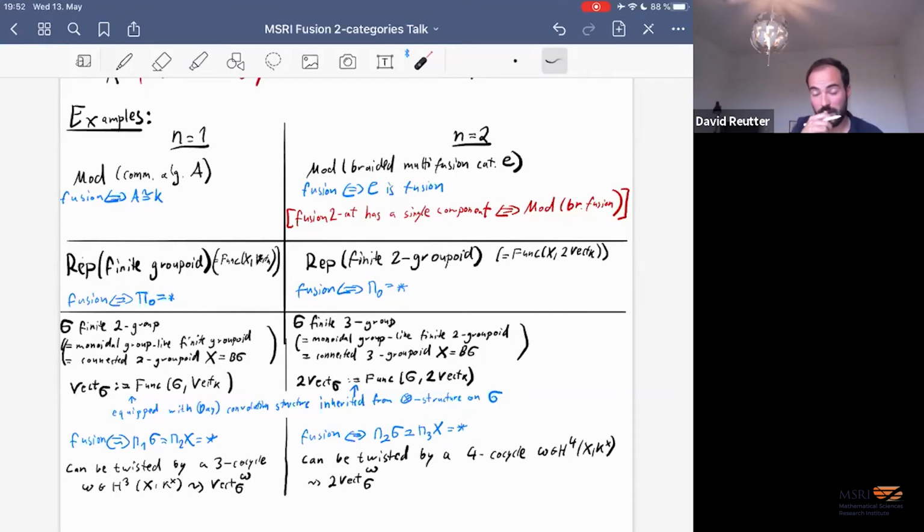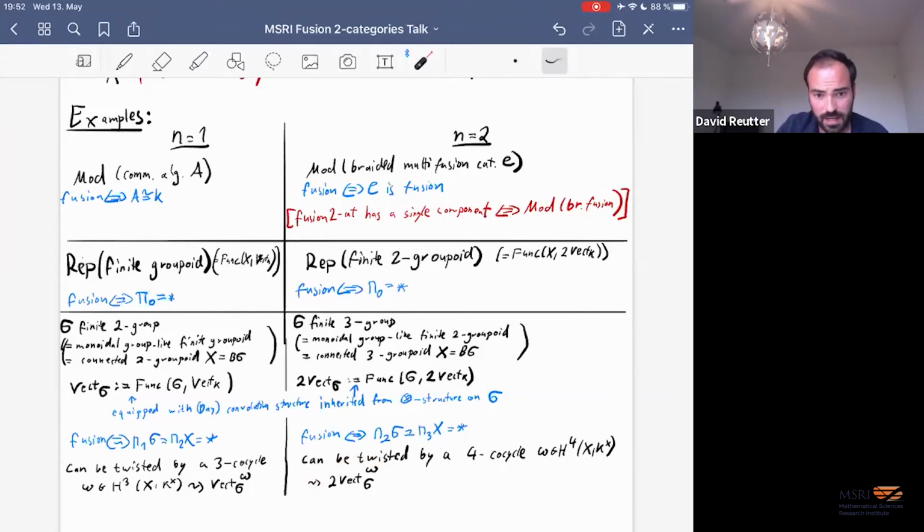And similarly, for this fusion 2 category you have here on the right, you can take some 4-cocycle of this X, which is some BG, where G is some monoidal group like 2 groupoid, and get this twisted version of 2 vector spaces out.